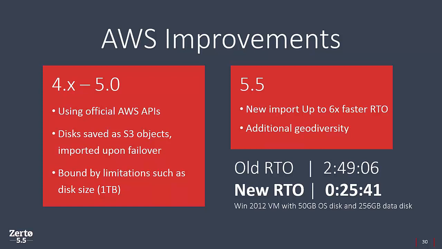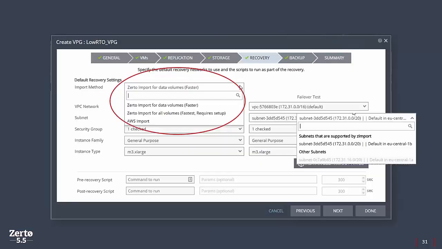And we've seen even better recovery times than this in our true customers running real workloads with even larger amounts of storage. And how are we doing that? Really, what we've done, and this is a screenshot from our interface, is allowing you to pick how you do that transformation of that VM into Amazon.